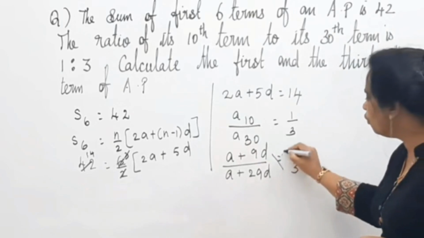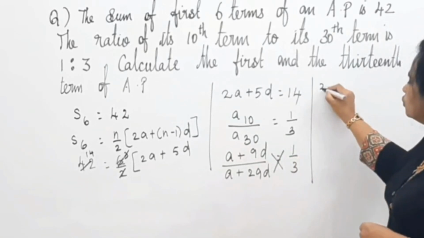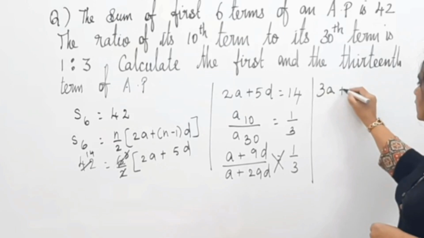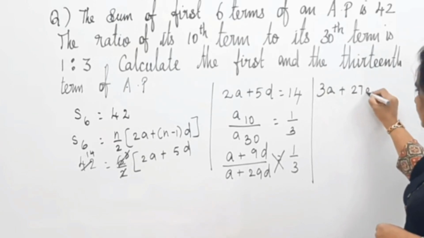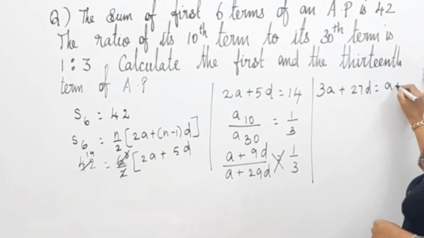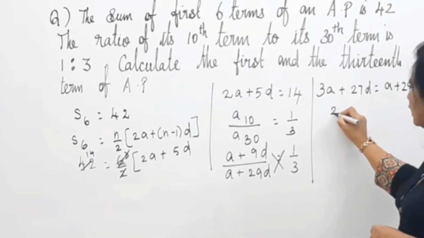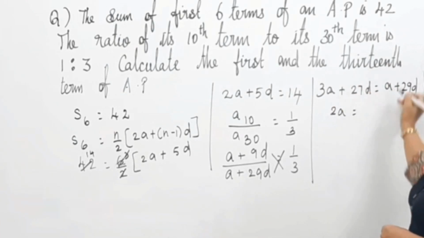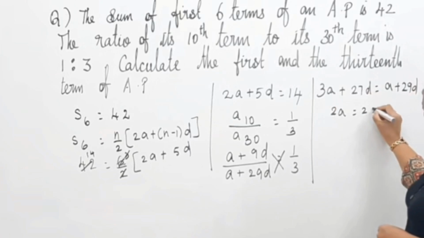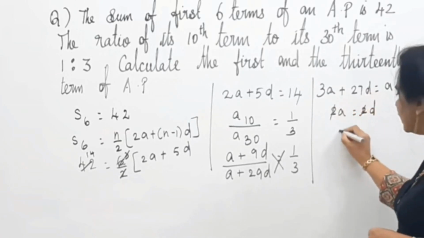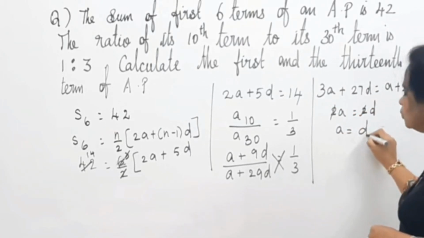Now I would go for cross multiplication. So 3A plus 3 9s are 27D is equal to A plus 29D. Now A comes this side, so 2A is equal to 27D goes to the other side, it becomes 2D. So 2 gets cancelled, A is equal to D.